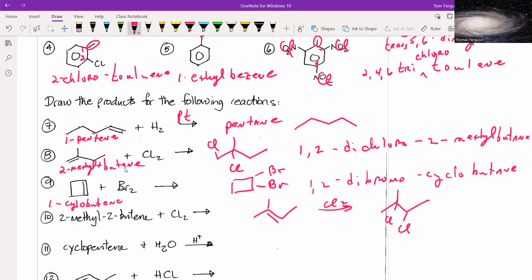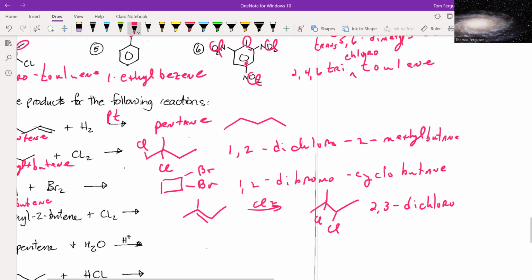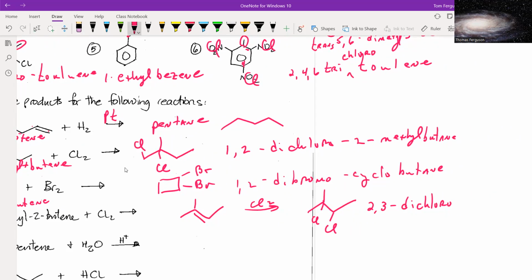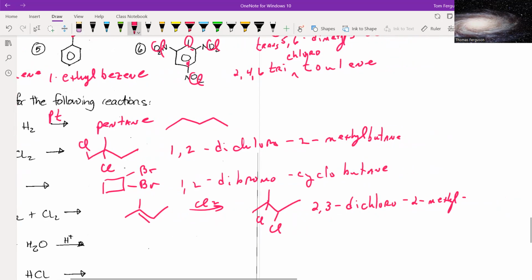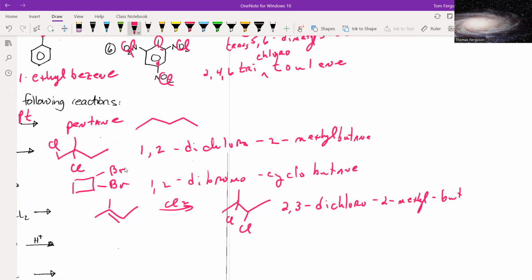So this is going to be 2,3 dichloro 2-methyl butane.